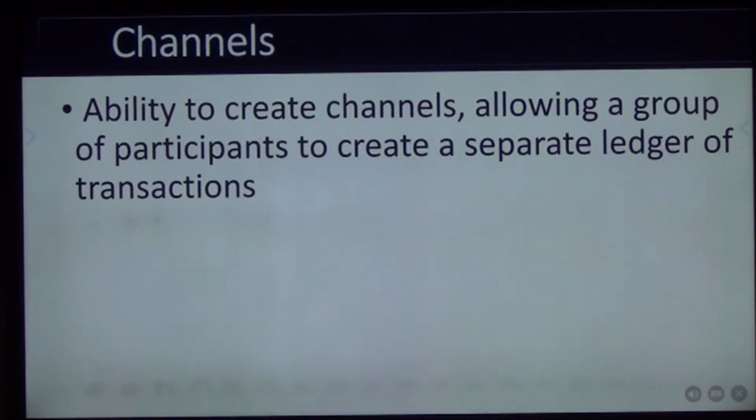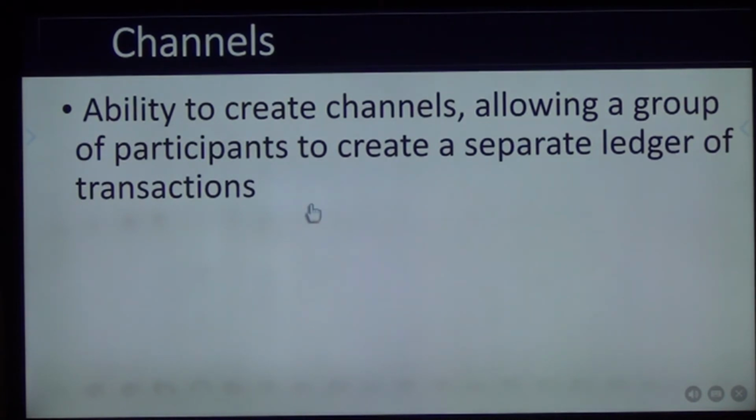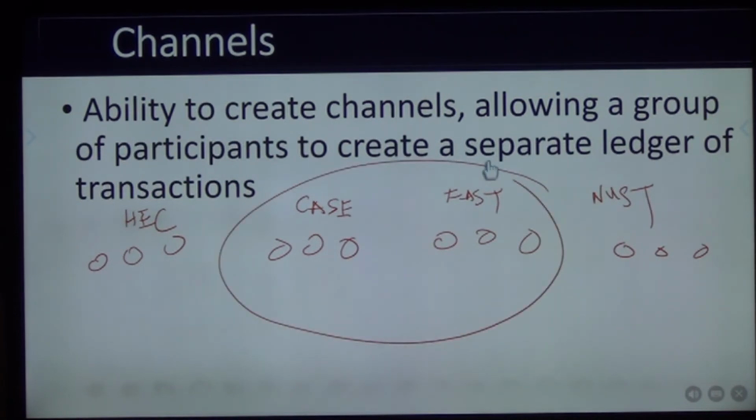So let's say this is CASE, and this is FAST. This is NUST. This is HEC. There are a few people in CASE, a few people in FAST, and definitely a few people in NUST, and a few people in HEC. But we want them to communicate with each other.